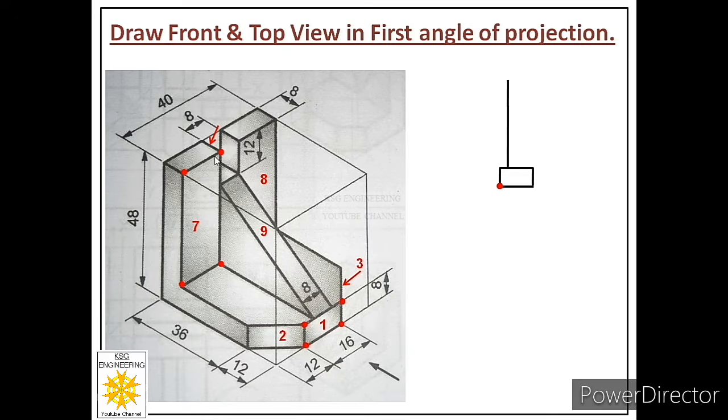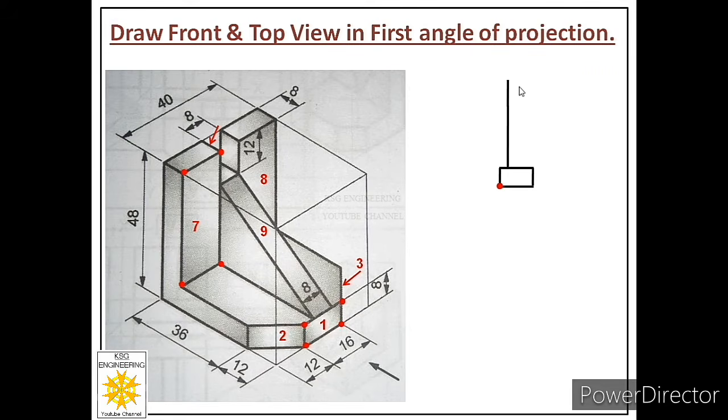Now how much is the length of face 7? Let us find. Now see, total length of the object is given to us as 40 millimeters. And if we subtract 8 millimeters from that, then we will get 32 millimeters, and we have to divide that by 2 because same lengths are on both sides of this 8 millimeters. It means this is of 16 millimeters.